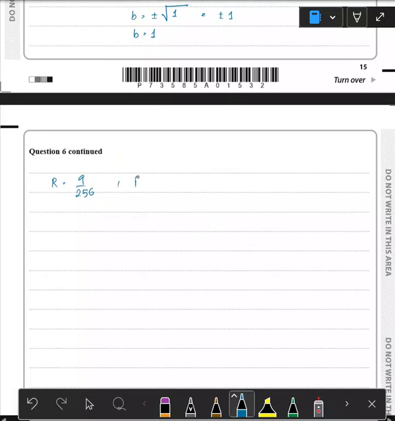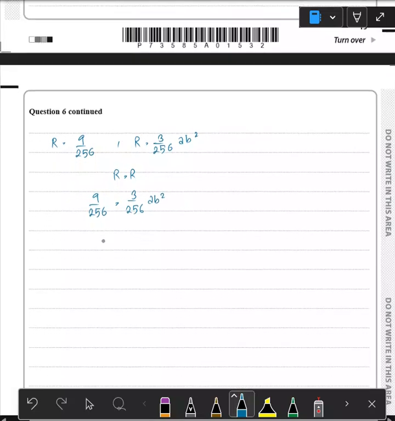So now we equate r equals to r. So 9 by 256 is equals to 3 by 256 ab square. We know b is equals to 1.